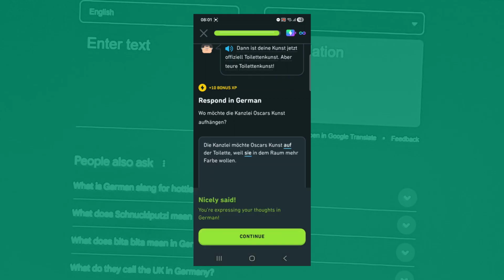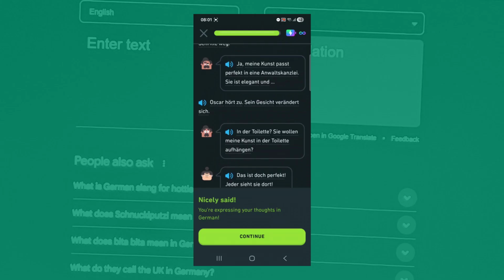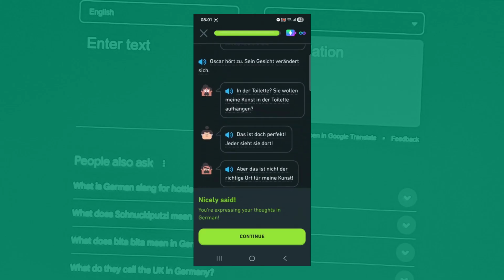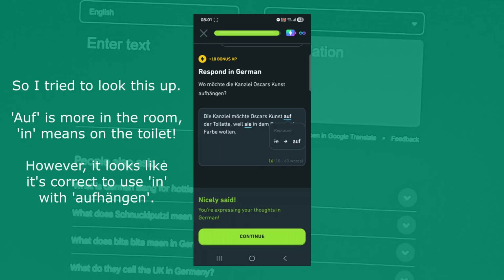Okay, let's see what it says. Auf der Toilette. So why was it in up there? This is what I don't like about this. It's replaced in with Alf, but in the story they had in, so why is it now Alf?